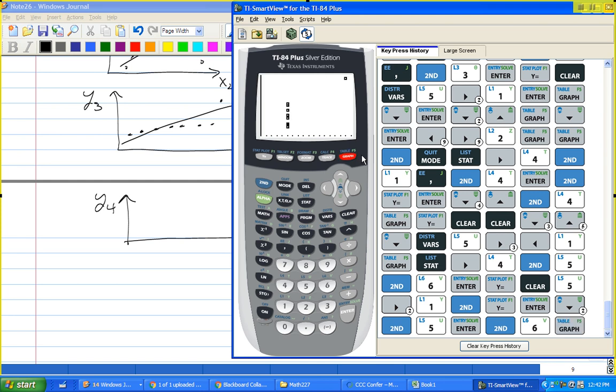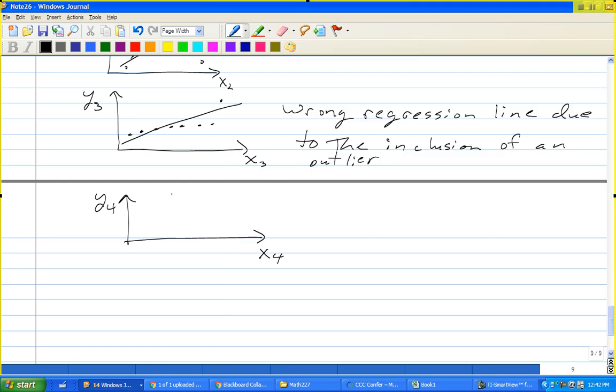So if we do that, unfortunately, again, this is wrong because it's a vertical line. Again, there's an outlier, and so again, this is wrong because of an outlier. So all the points look like this, and we have this sort of regression line.